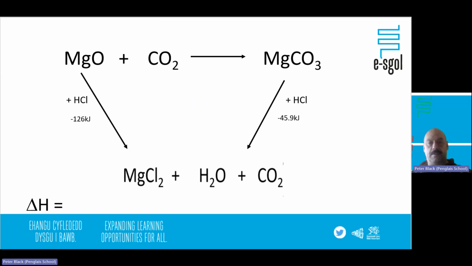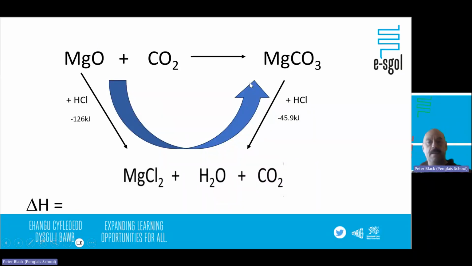Hopefully, as you know, Hess's law says it doesn't matter what route you go, the enthalpy change will be the same regardless. So instead of going the direct route, we're going to go our indirect route, which is this way. When we follow our indirect route, we simply add our enthalpy values together. However, if we go against an arrow, we reverse the sign of the enthalpy value.